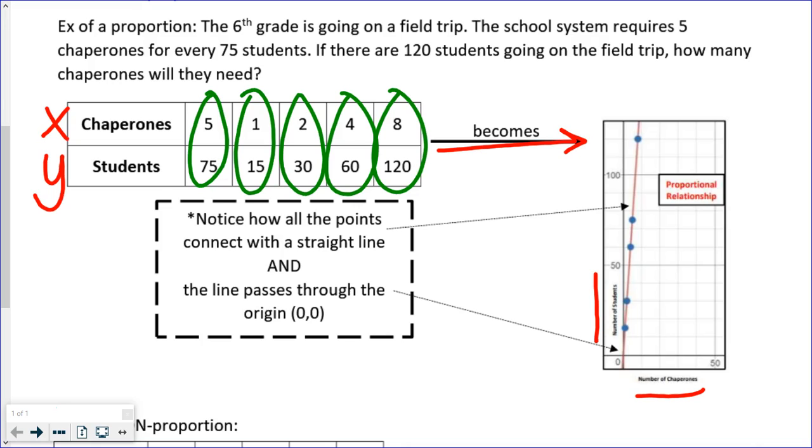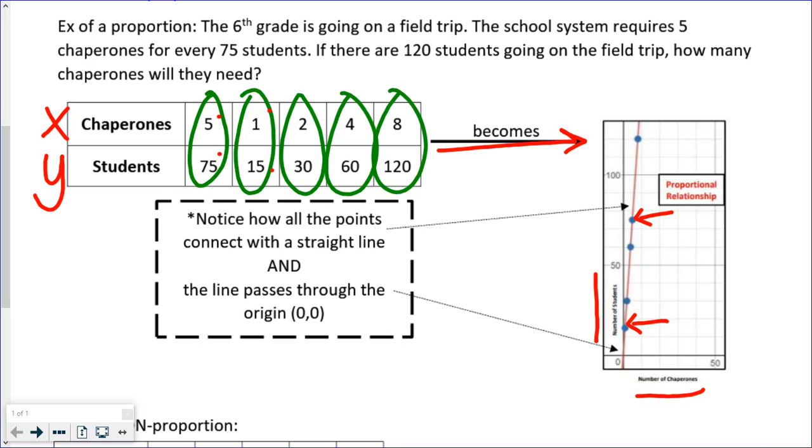As we plug this in, when x is 5, your y value is 75. When x is 1, y value is 15, and so on and so forth. What that becomes over here is there's that point of 1 and 15. Here's that point of 5 and 75.